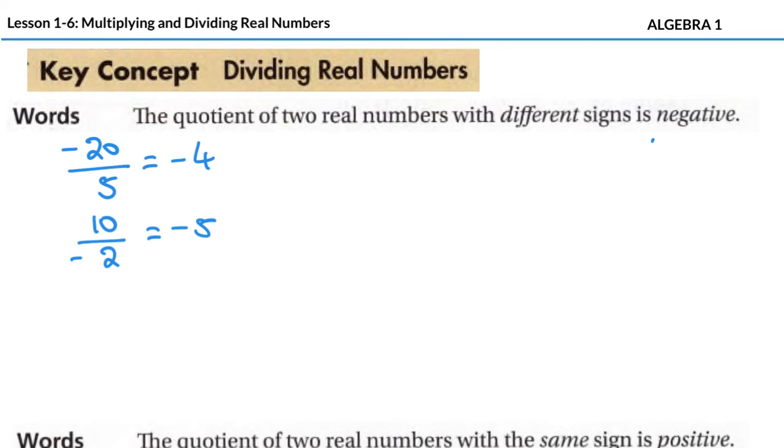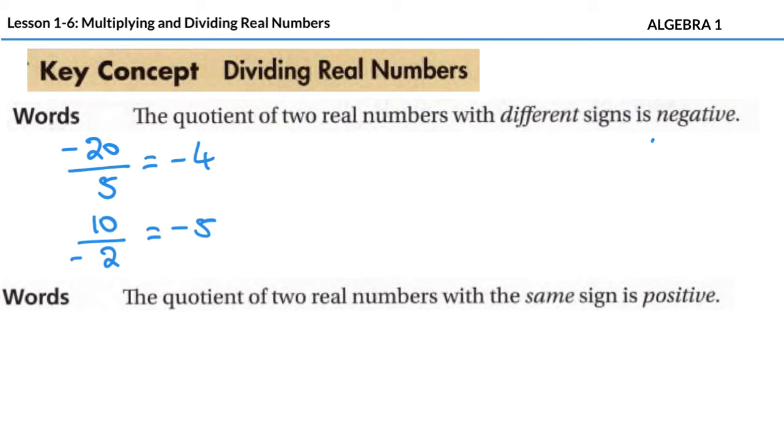Let's understand the other concept. The quotient of two real numbers with the same sign is positive. Easy to understand again. So let's take the example 20 divided by 5. Both the numbers are positive, so the quotient is going to be positive.